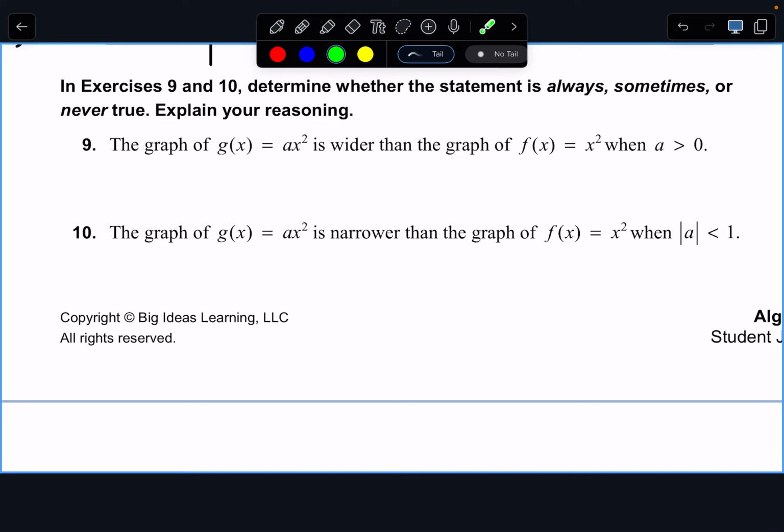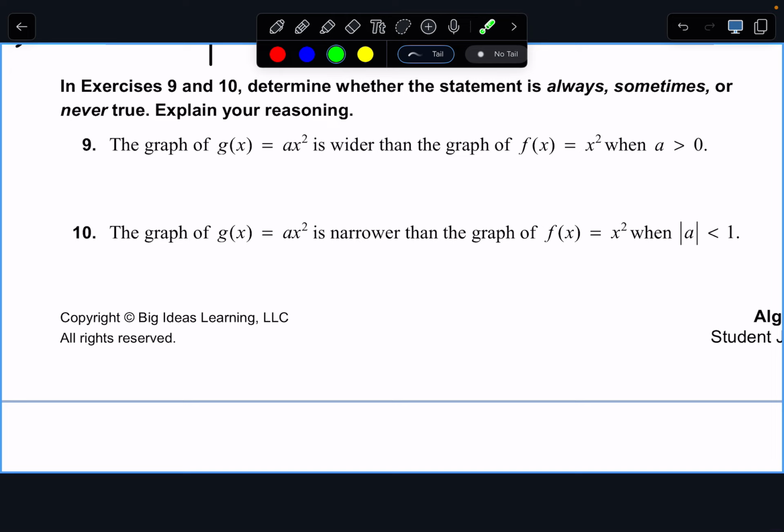Yep. Is that true? Always, sometimes, never.